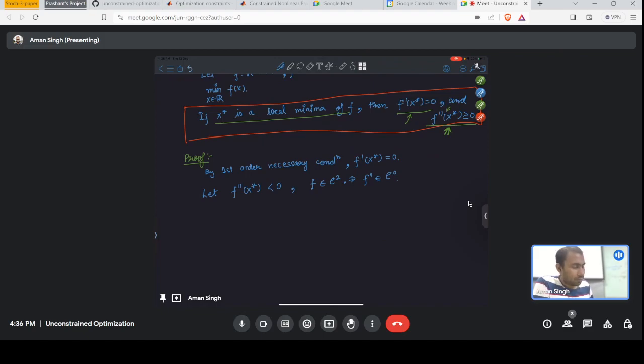Now, again, the structure of the proof is similar to how we proved the previous version. We'll assume a neighborhood.